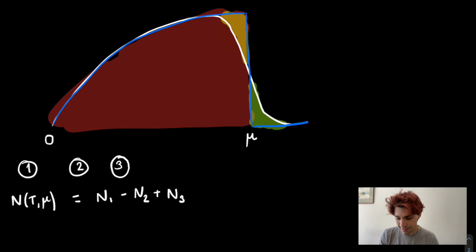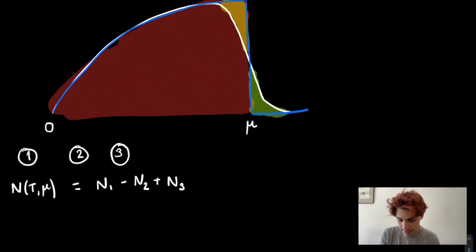Now let's go ahead and write in these integrals right here. So N1, we kind of knew what that was. That was just the integral between naught and the Fermi energy before, but now we're evaluating at any chemical potential. And of course, this chemical potential will generally change as a function of temperature for a given particle number. So it's going to be the integral between 0 and mu.